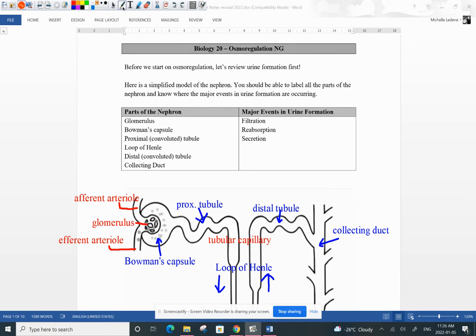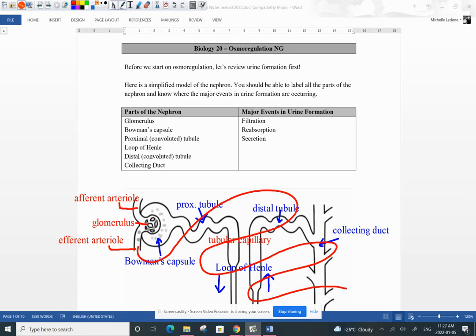Now, for the sake of simplicity, I don't have the tubular capillary, but you have to understand that from the efferent arteriole here, the tubular capillary is going to go all the way across the nephron, and of course, that's going to facilitate reabsorption and secretion. Okay, so you should all be able to label the parts of the nephron.